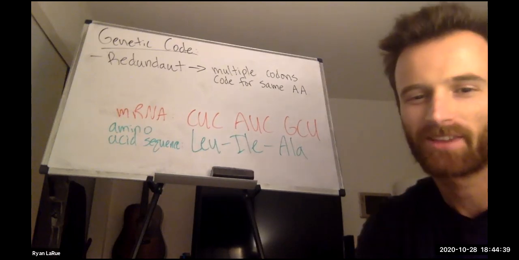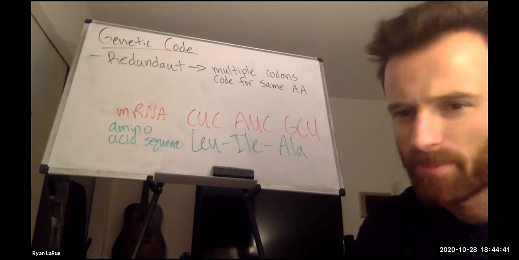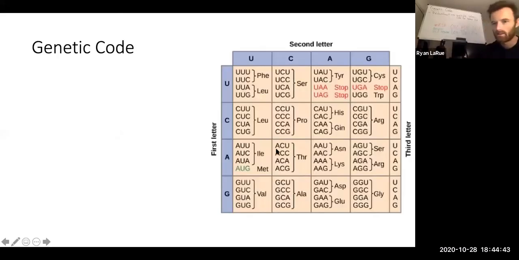Check it out. Take a look at the table here. You'll notice this redundancy: UCU, UCC, UCA, UCG, those all code for serine. Those all will have a transfer RNA with serine attached to it. So there are multiple codons for a single amino acid.